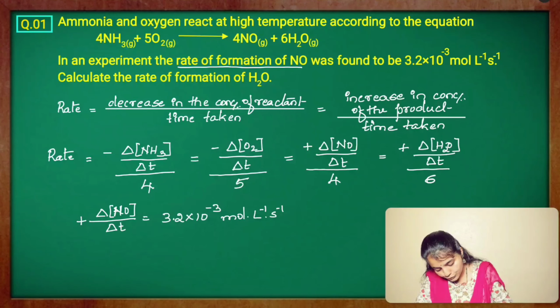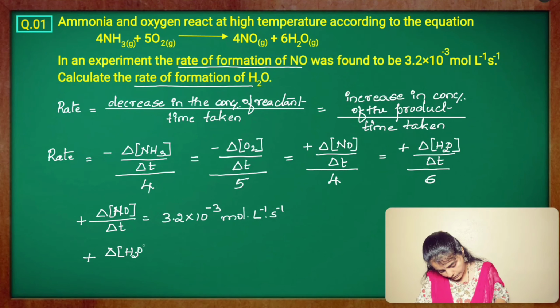They have asked us to calculate the rate of formation of H2O. Rate of formation means plus change in concentration of H2O divided by the time taken delta T. So this is what we need to calculate.